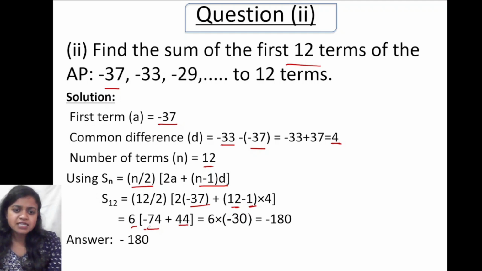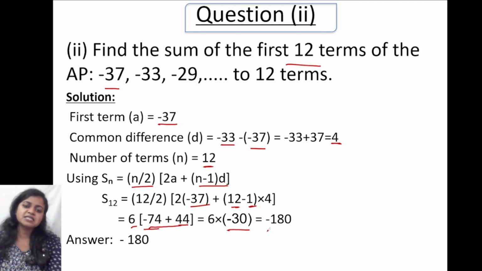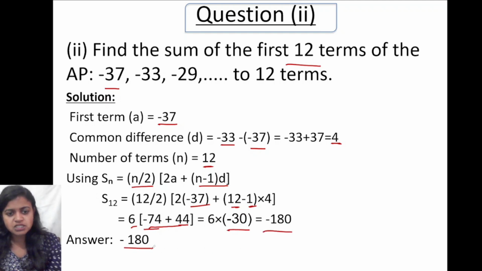So minus 74 plus 44 gives minus 30. Then 6 into minus 30 is minus 180. This is the answer. You can take a screenshot and make your notes properly.